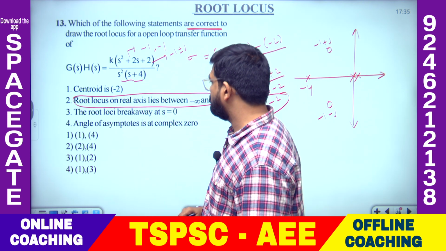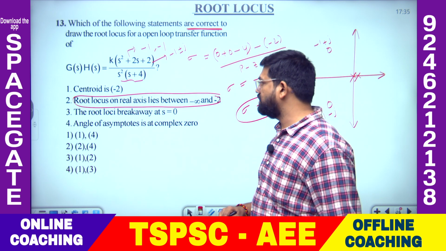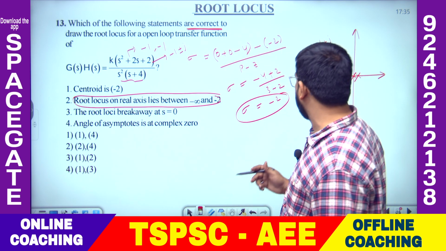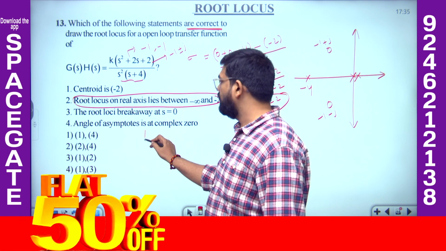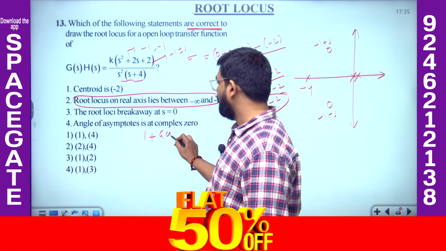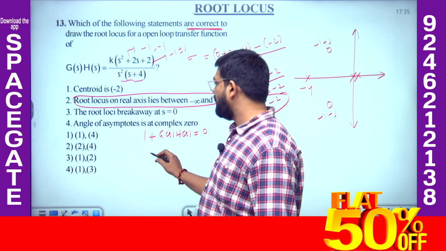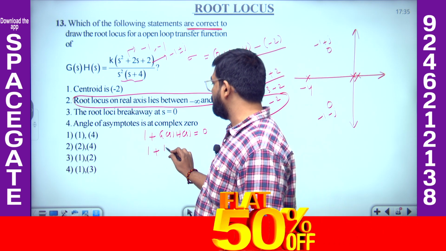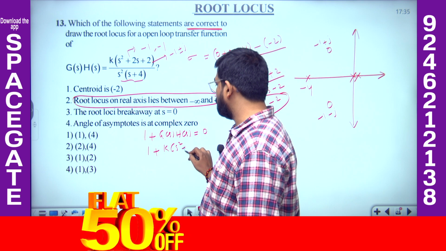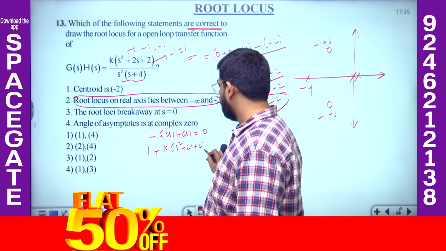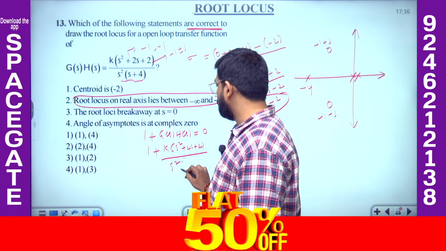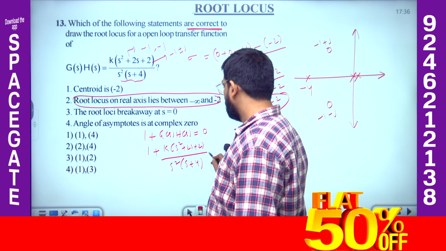Okay. Root loci breakaway at s is equal to 0. Breakaway point, if you find, how do we find the breakaway? Construct the characteristic equation 1 plus g of s h of s is equal to 0. From here write the expression for k: 1 plus k into s square plus 2s plus 2 by s square into s plus 4 is equal to 0.